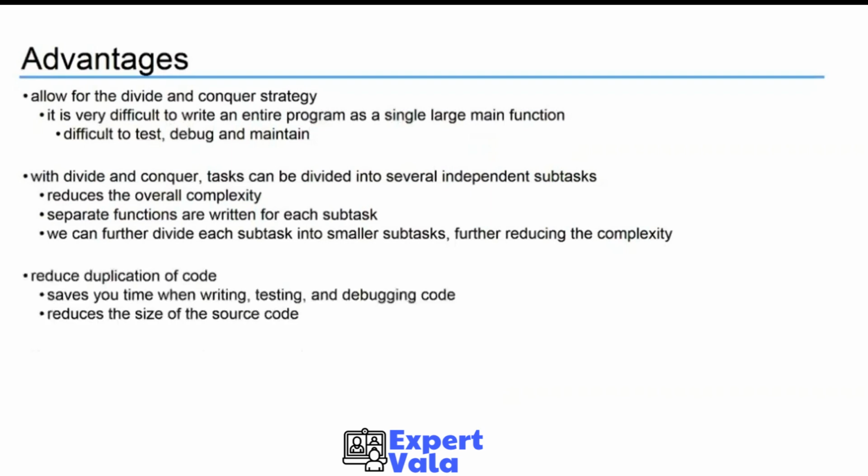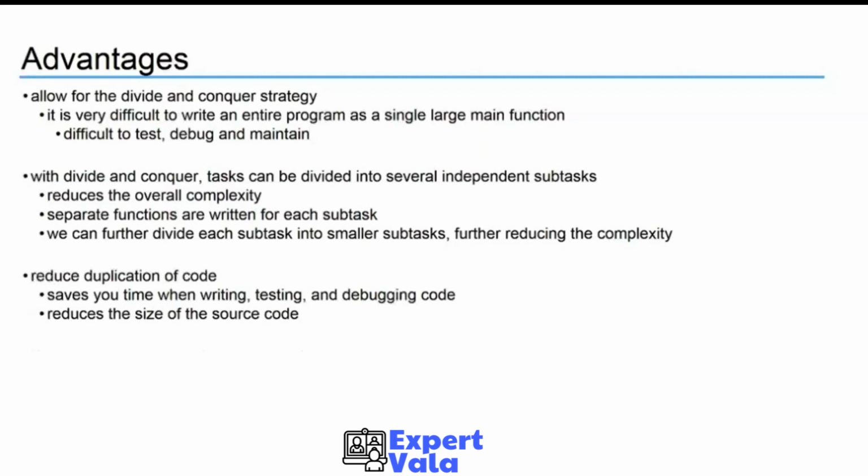Functions are also going to reduce the duplication of code. And when you reduce duplication of code, it's going to save you time when writing, testing, and debugging that code. It's also going to reduce the size of the source code. Why do functions reduce duplication of code?